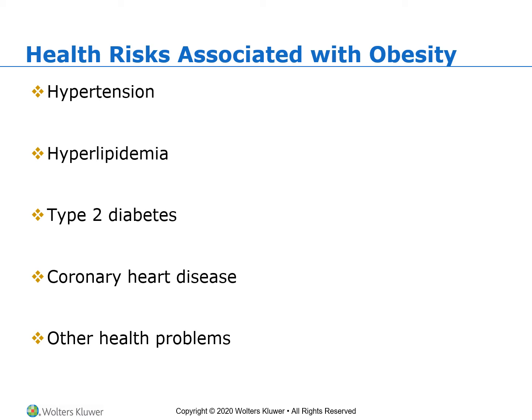So when we focus, after we have done the assessment, and that assessment belongs to both patients, whether your patient is obese or your patient having anorexia, you need to do that full assessment, and you build a plan based on that.